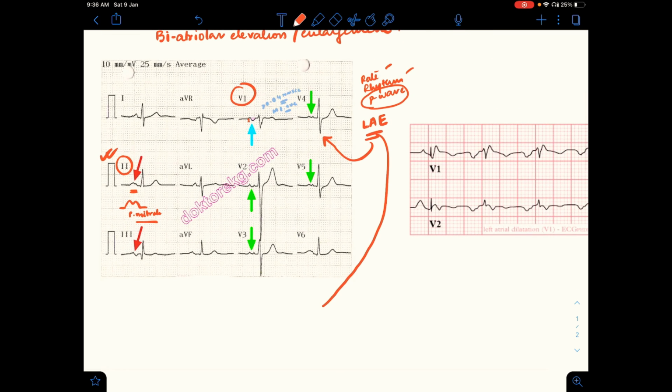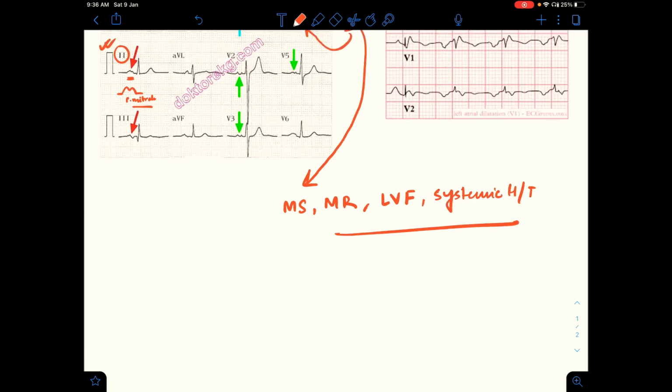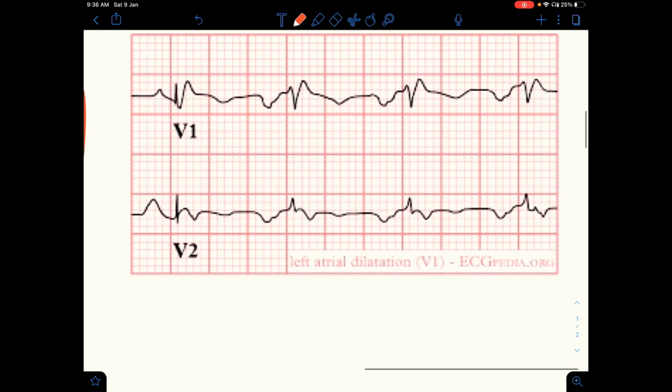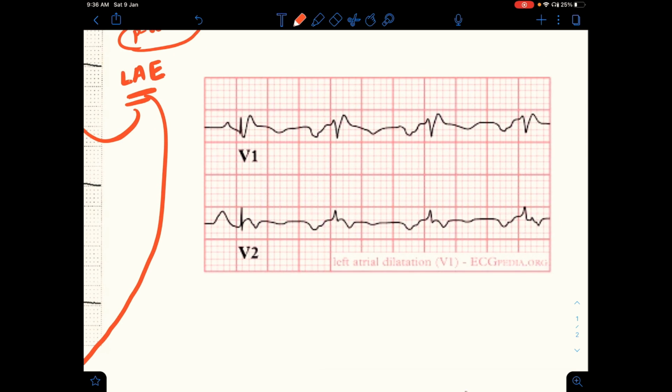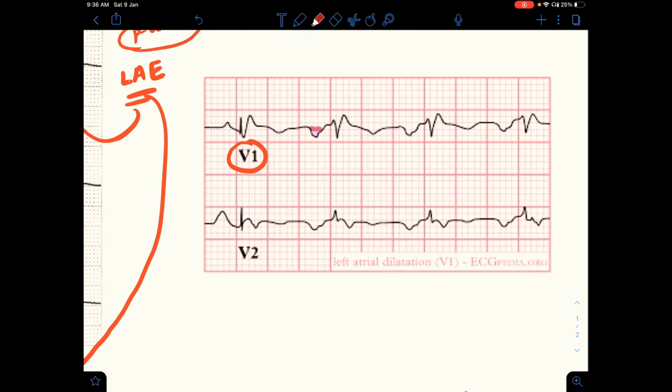For left atrial enlargement, according to the clinical scenario, we can think of the differentials as I've said before: MS, MR, left ventricular failure, or systemic hypertension. Now coming to the next one. Here we can see only lead V1, with a very deep negative component, which is definitely more than 0.04 millimeter seconds.